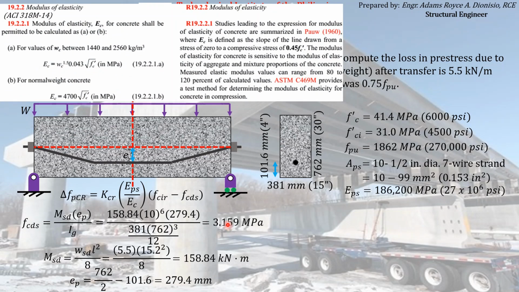So all we need to do is substitute FCIR and FCDS along with EPS and EC. So what is the magnitude of EC? The modulus of elasticity of concrete.